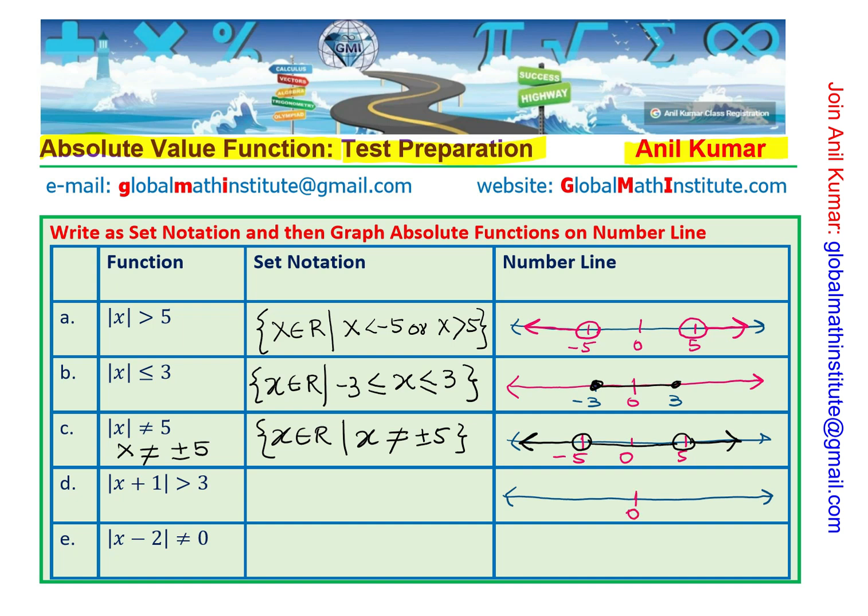Now when I say absolute value of x plus 1, that means our vertex for the absolute function is at minus 1, right? So here, let's say this is minus 1, minus 2, minus 3, minus 4. And here we have 1, 2, 3, 4. So this minus 1 is the vertex, right?